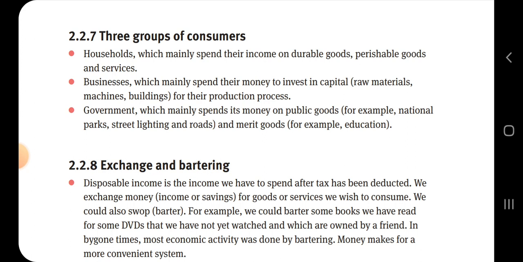Businesses mainly spend their money to invest in capital, raw material, machines, and buildings for their production processes. And then the government mainly spends its money on public goods, for example, national parks, street lights, roads, and merit goods. An example of merit goods is education, and public goods are national parks, street lighting, and roads.